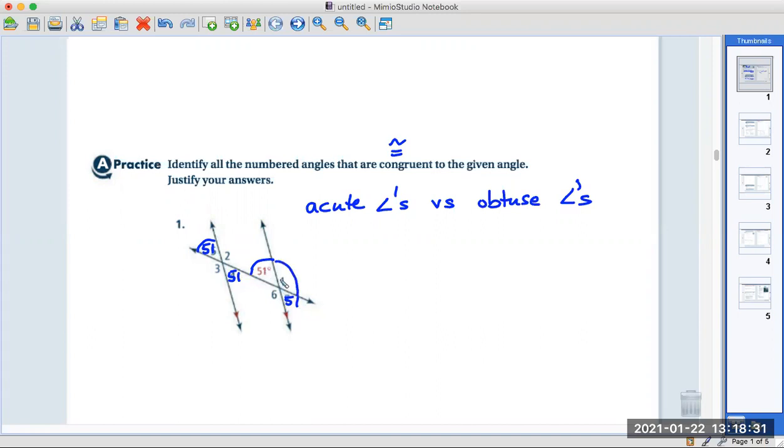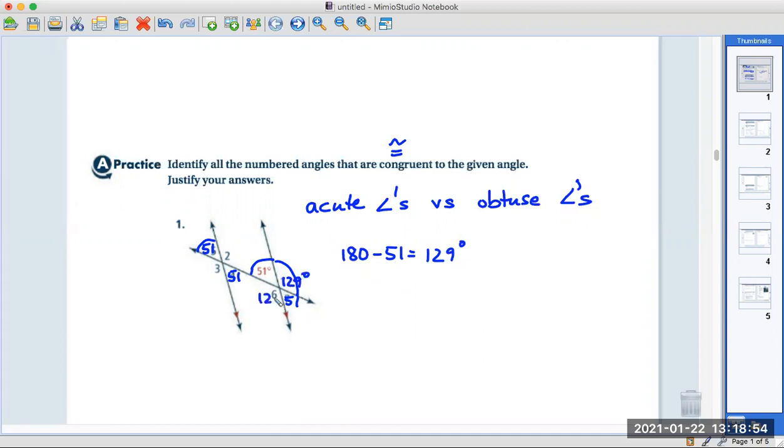This angle is supplementary. Sum is 180. So you can say 180 minus 51 is 129 degrees. So this one is 129.